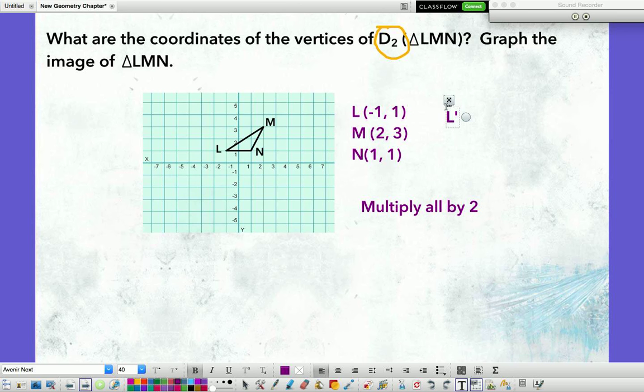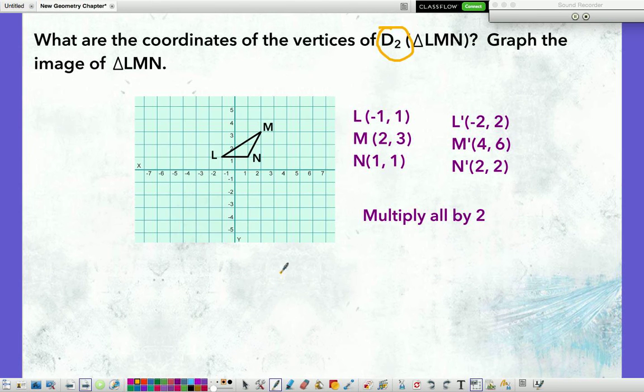Okay, so I'm going to multiply all by 2. So L prime would be negative 2, 2. M prime would be 4, 6. N prime 2, 2. Okay, so let's graph this. Okay, so we've got negative 2, 2, 4, 6, 2, 2.